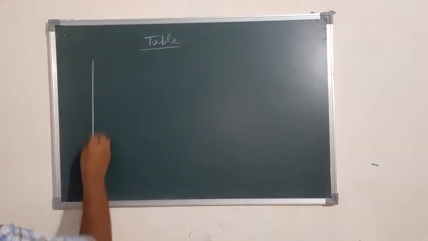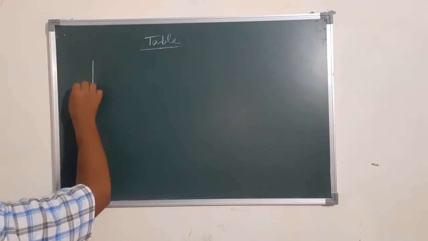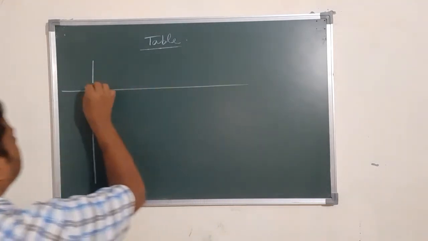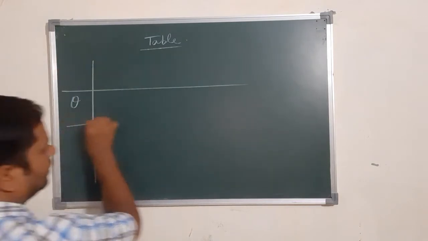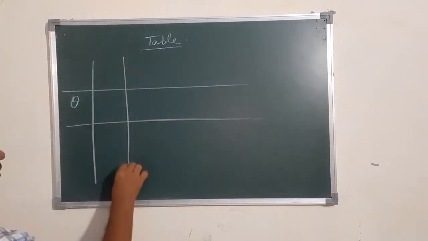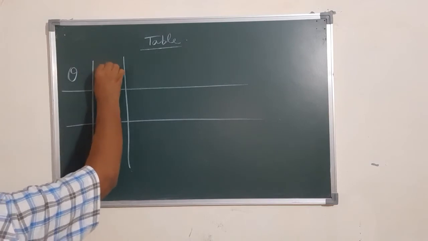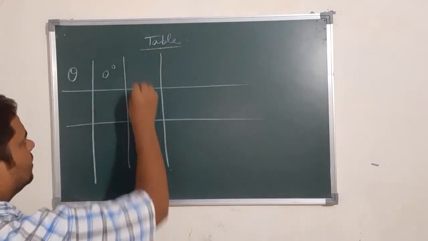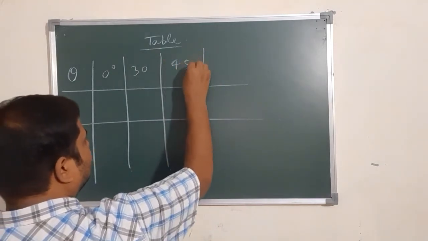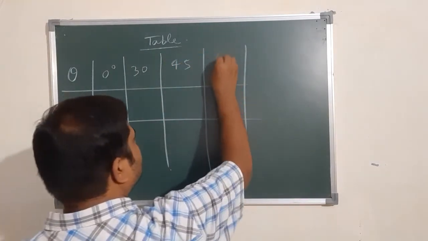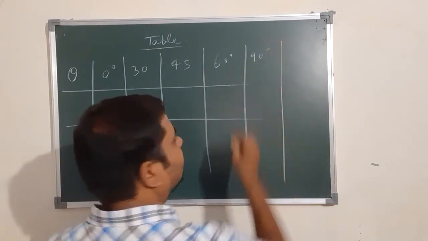This is theta, and theta is 0 degree, 30 degree, 45 degree, 60 degree, and this is of 90 degree.